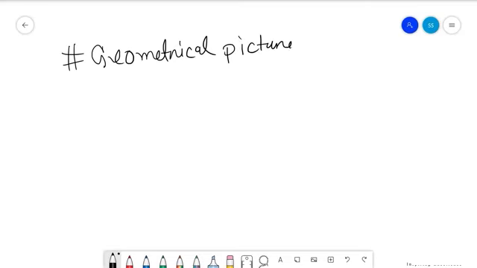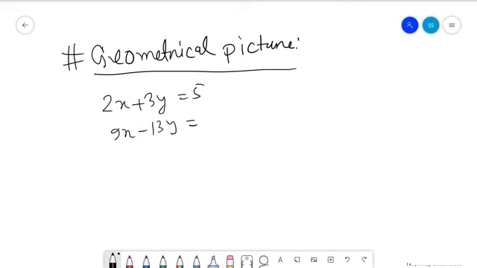Now let's try to see the geometrical picture of it. So what does this mean? Geometrically, what happens is that if you have two equations, let's say 2x plus 3y equals 5, 9x minus 13y equals, let's say, 1, and assuming you can solve it for x and y, this will look something like this.